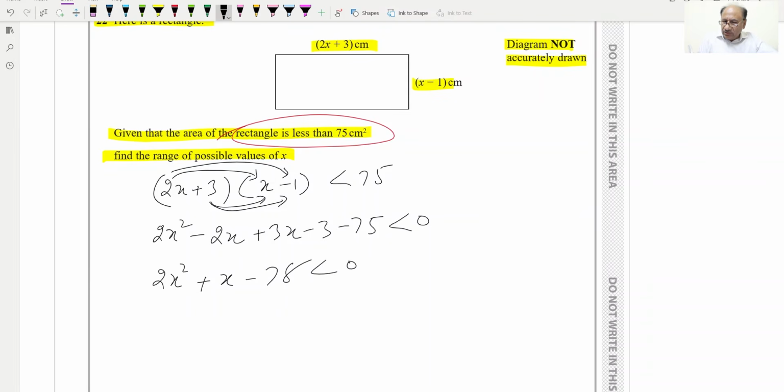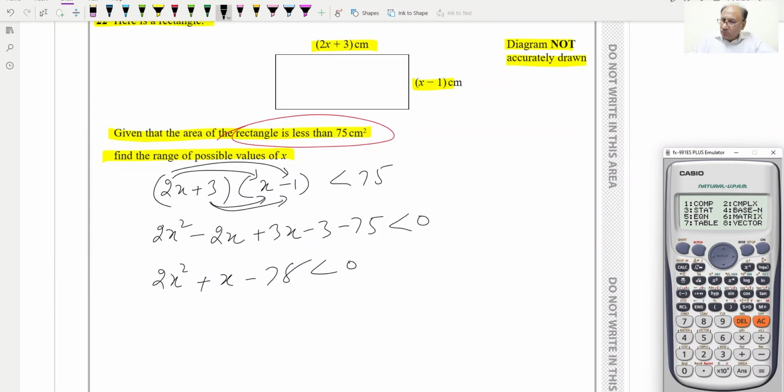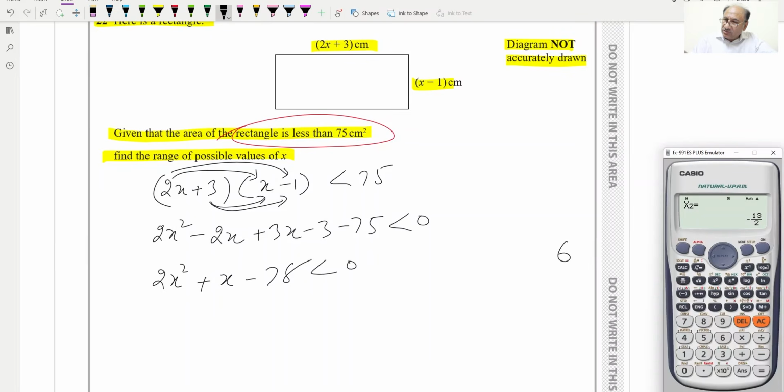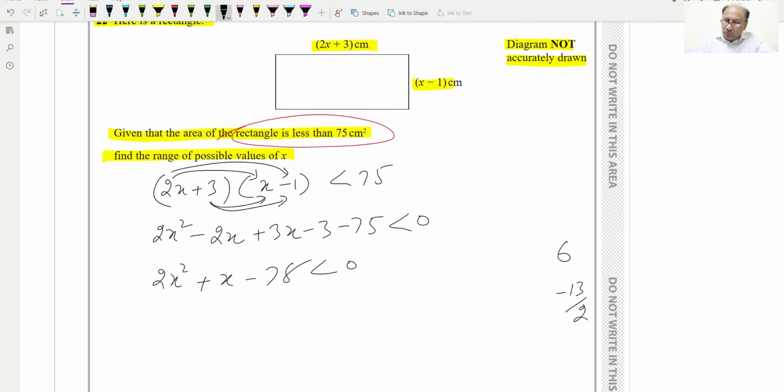Now we can factorize, and we are doing factorization with the method, and we will be showing the working also, so that there should not be any deduction of marks. So the coefficient of x squared is 2, the coefficient of x is 1, and the constant is minus 78, and we are getting 6. I will write here 6, and the second number we are getting is minus 13 by 2. Now what we will do, we change sign and we utilize this number. So I'm using this one first, so I will keep the gap.